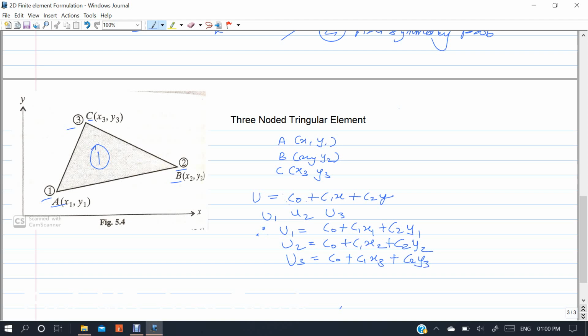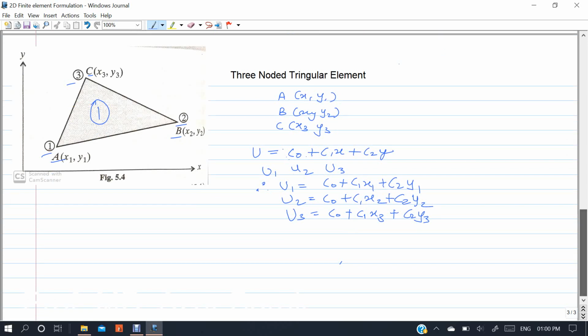So this polynomial equation can be expressed in matrix form.